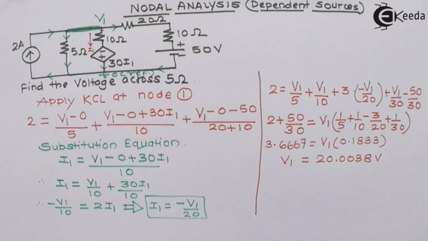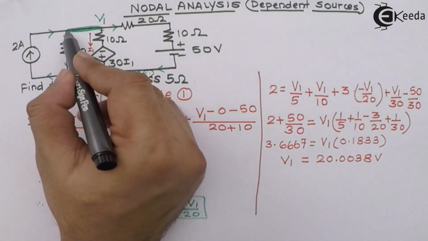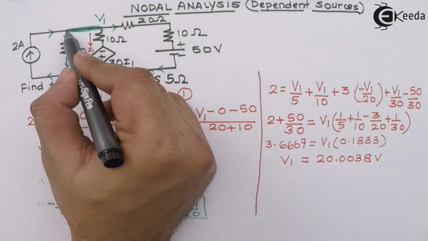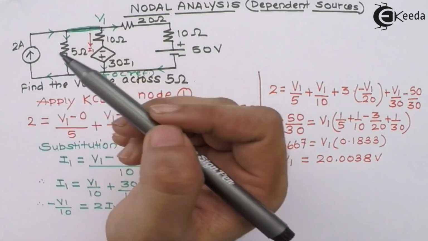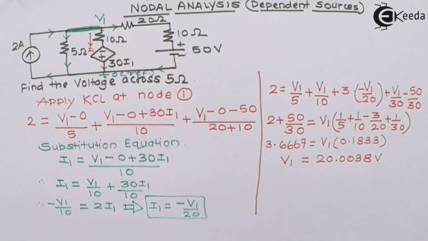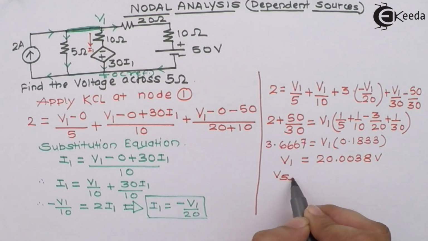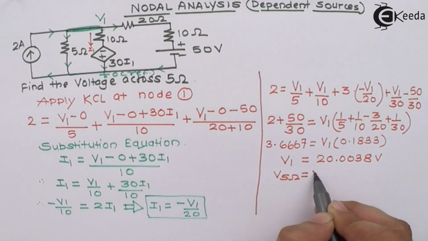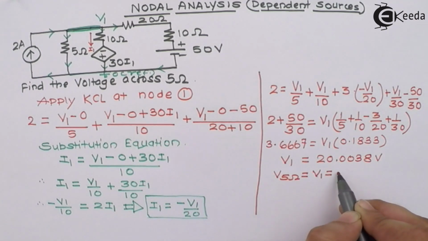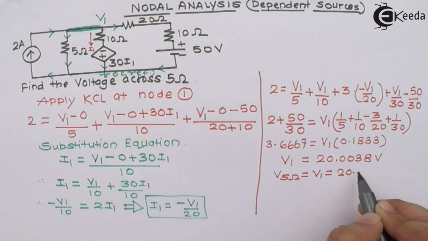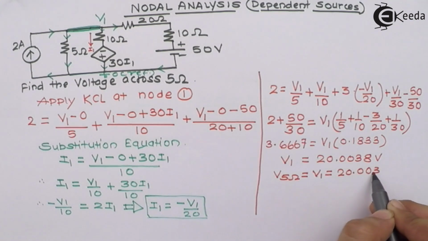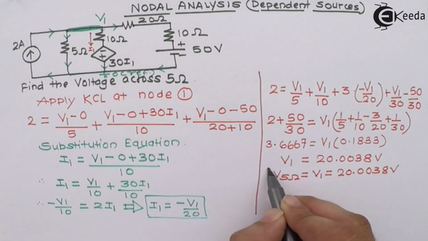Now what do we want? We want the voltage across 5 ohm, and if you see carefully, the 5 ohm is connected between node 1 and the reference. Hence I can say whatever node voltage we got is nothing but the voltage across 5 ohm. So V across 5 ohm is the same as V1, which is 20.0038 volt. This is the final answer.